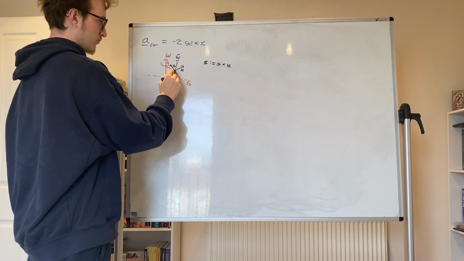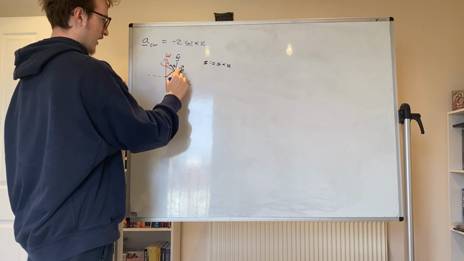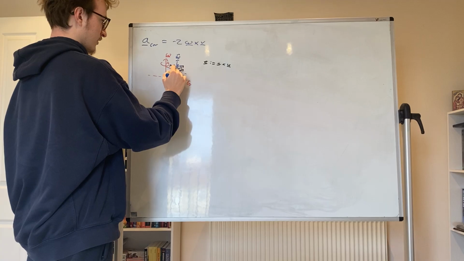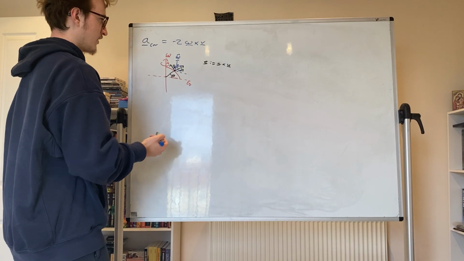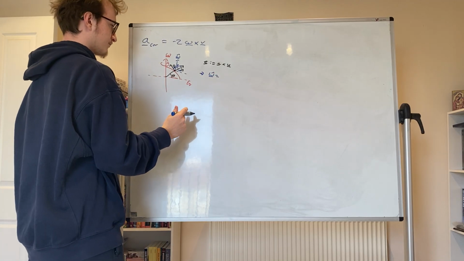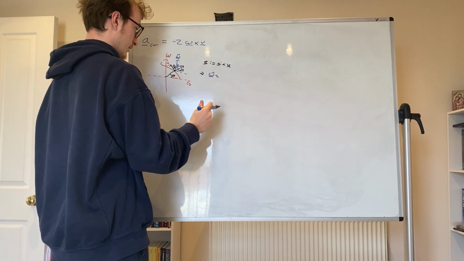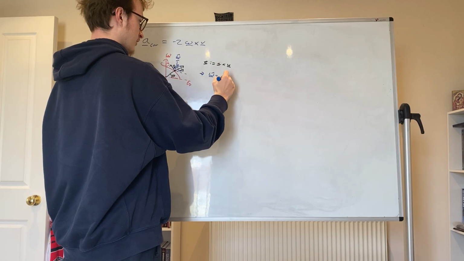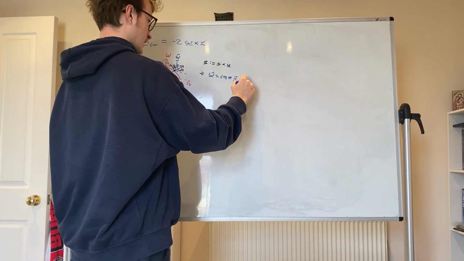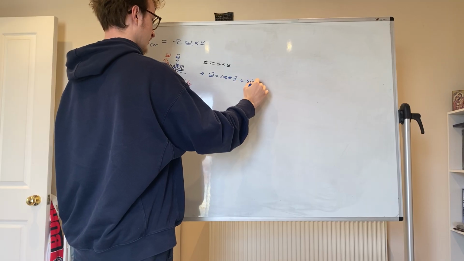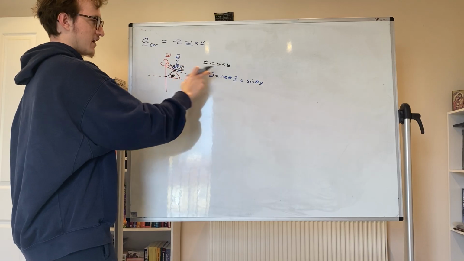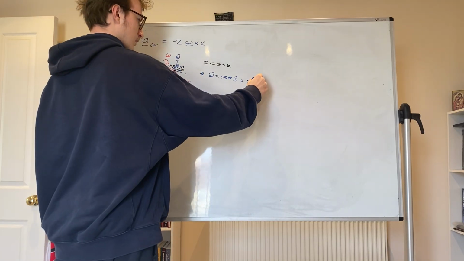And if you notice that this angle is theta, so this is pi over 2 minus theta, then you see that omega hat is just given by, if you do the trig, cos theta north plus sine theta up, right? Because if this is pi over 2 minus theta, then cos of that is just sine. Like so.